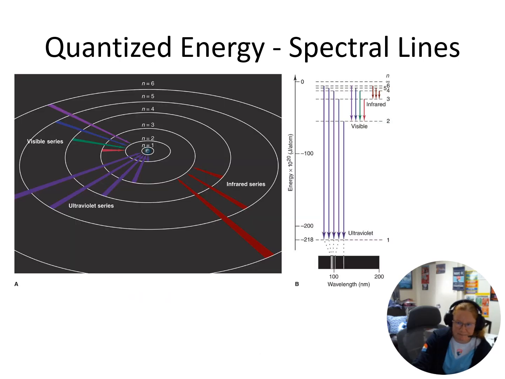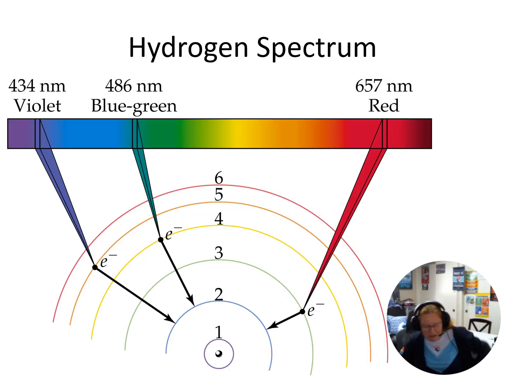Okay, and then that's on a circle there, so it's more like that Bohr model of the atom. Okay, now here when we think about the hydrogen spectrum, again, the colors here don't mean that energy level 2 is blue or energy level 6 is red. The colors are just simply there because concentric circles can be hard to look at.